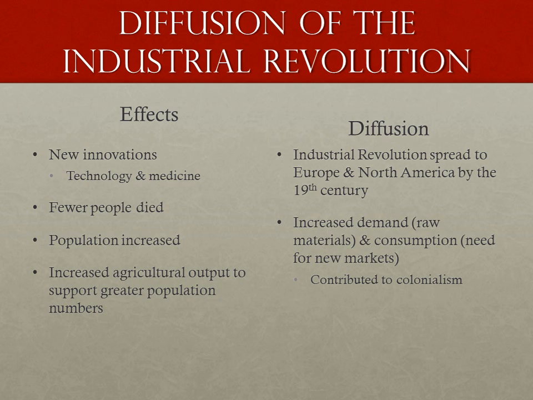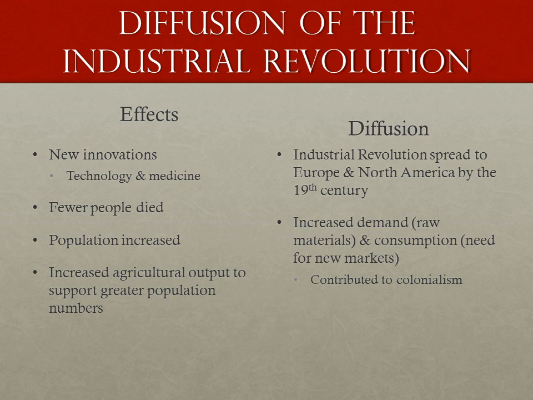And so more and more people were demanding these goods, and people could afford them for the very first time because those prices started to come down. And so factory owners and manufacturers were making tons of money, but they wanted to be able to sell them. So they needed new markets in order to sell their goods. And ultimately, this is one contributing factor that ultimately led to colonialism.